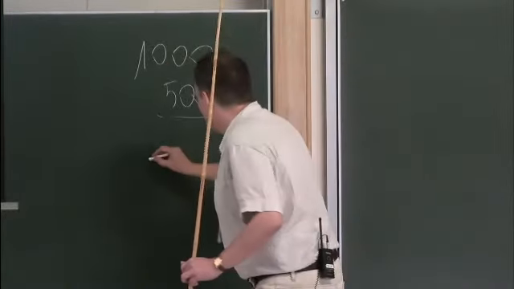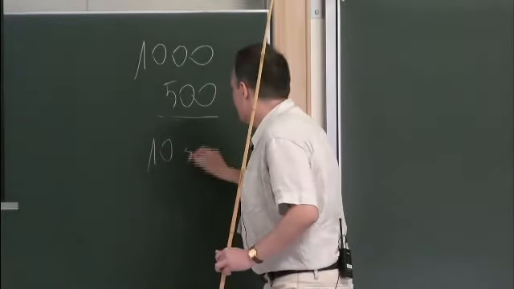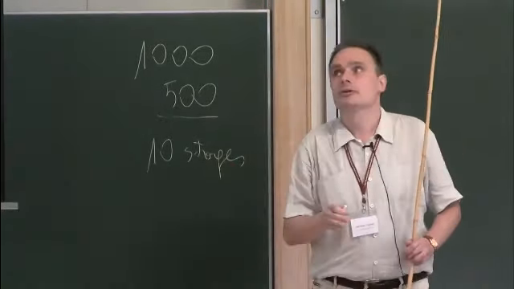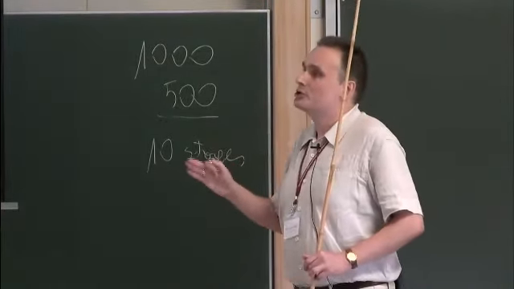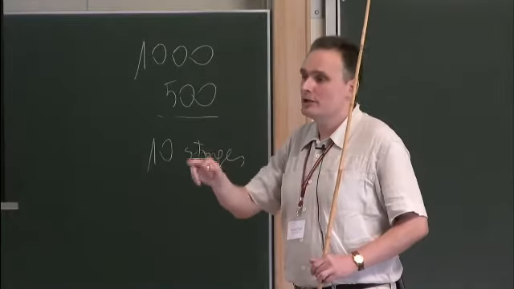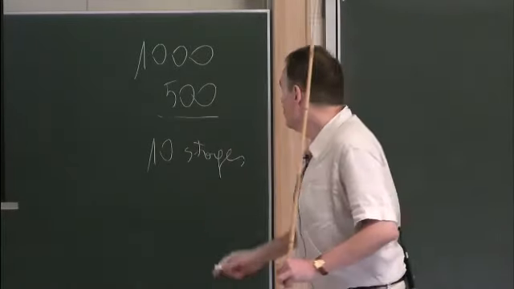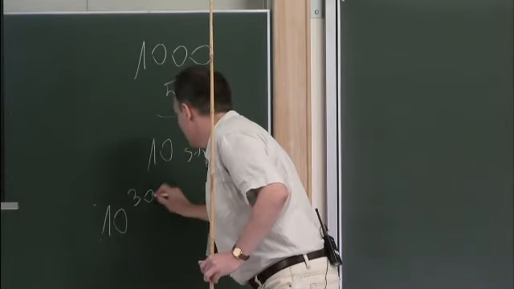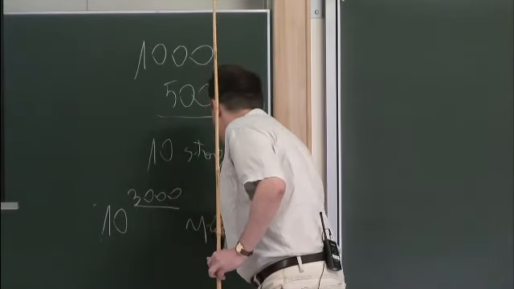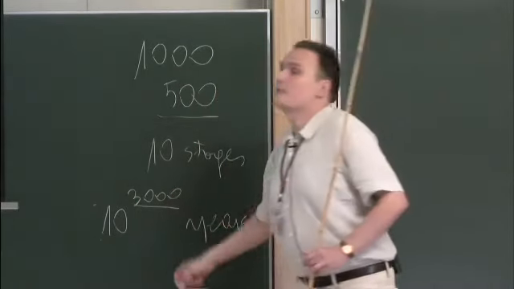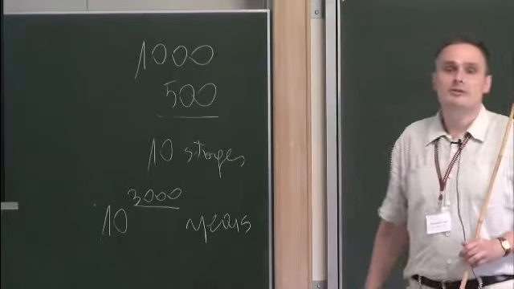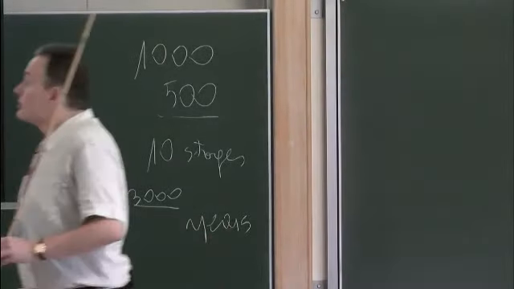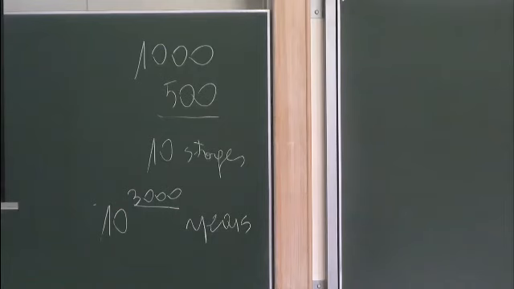And we divide our time horizon into 10 stages. Assume that we have a computer which is able to check 1 billion situations per second. Then you must wait for the result 10 to the power of 3,000 years, so this is really for someone very patient. So the question is how to overcome this difficulty.